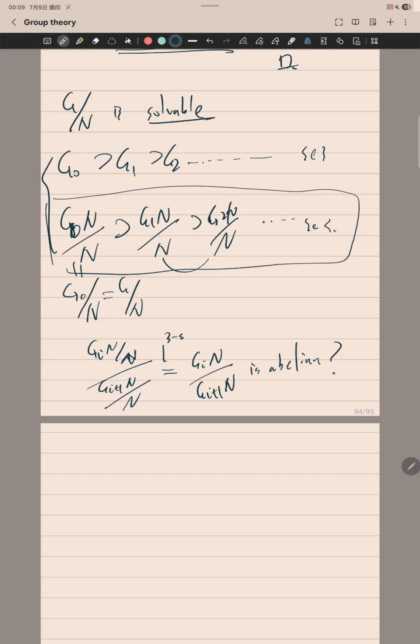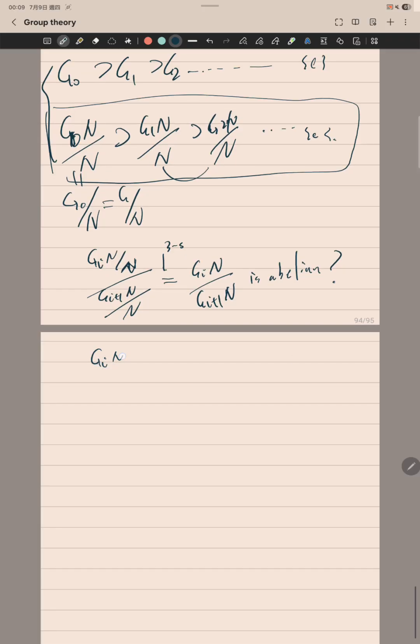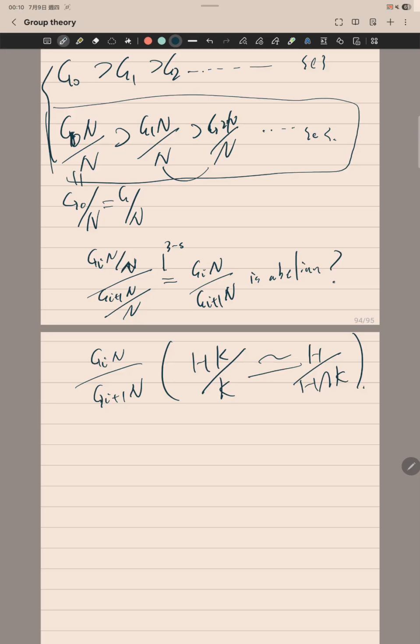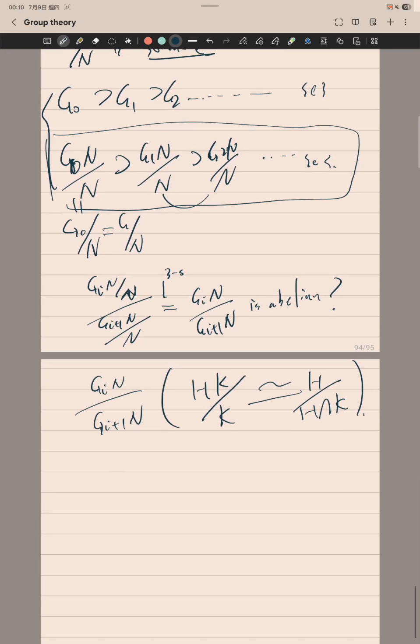Okay, really tricky. Again, we want to use the second isomorphism theorem. Here we use this as we previously used. You need to guess what K and H are here. So let me write down my guess.